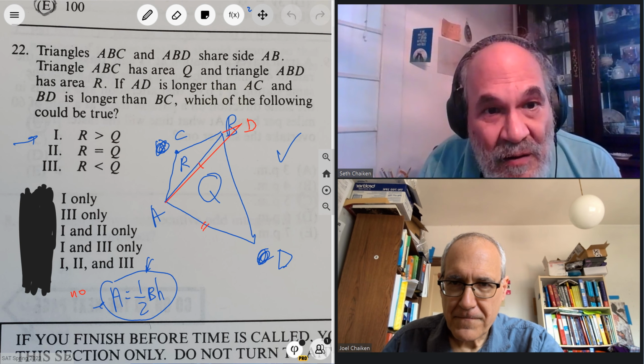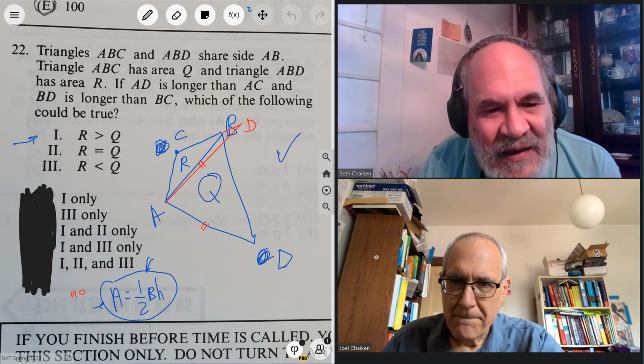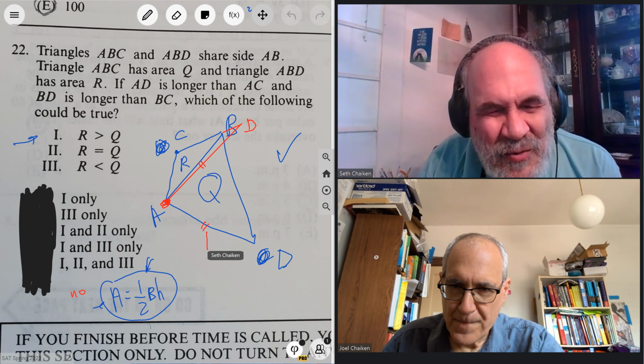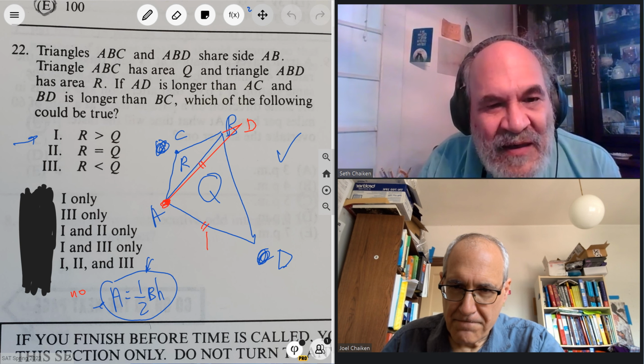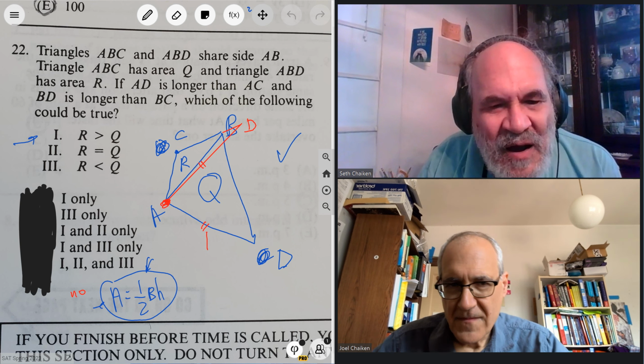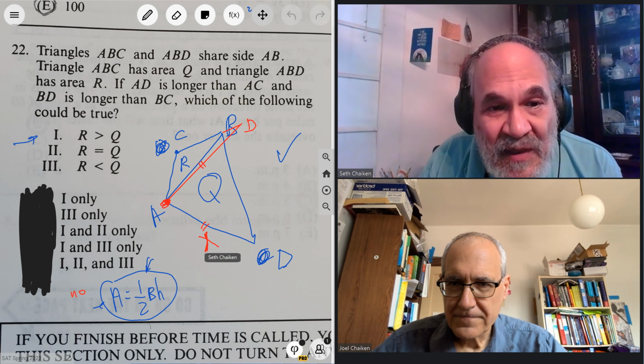What I want to do is draw a circle around A of radius, let's call it X. X is the length of AD.